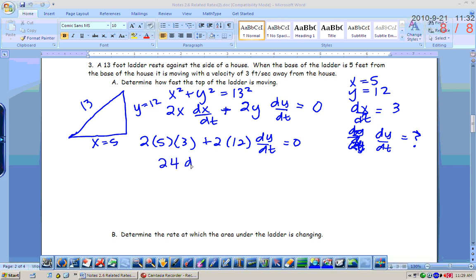So 24 dy/dt equals negative 30. dy/dt equals negative 30 over 24, or negative 5/4.